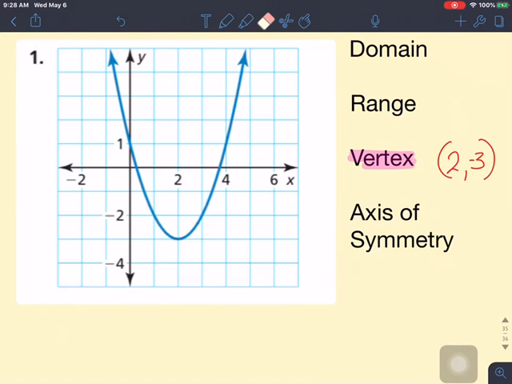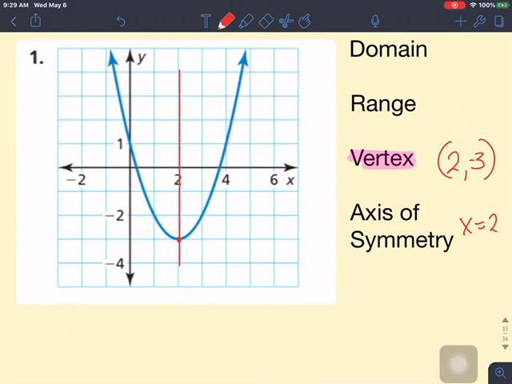The second thing I'm going to talk about is the axis of symmetry. Again, it has everything to do with the vertex, and the axis of symmetry would be this line I just drew right here. The axis of symmetry is at x equals 2. That means it's to the right 2 from the origin of 0, 0.